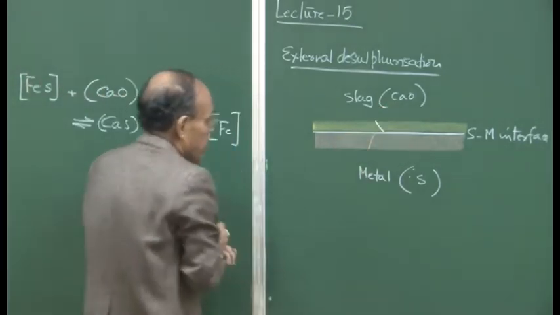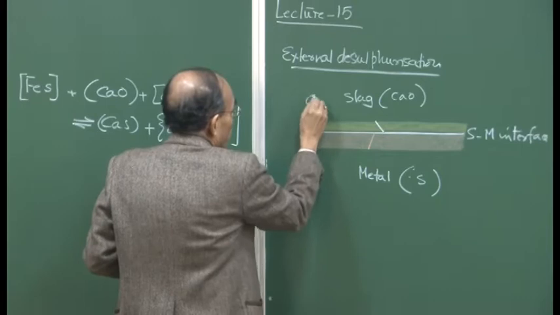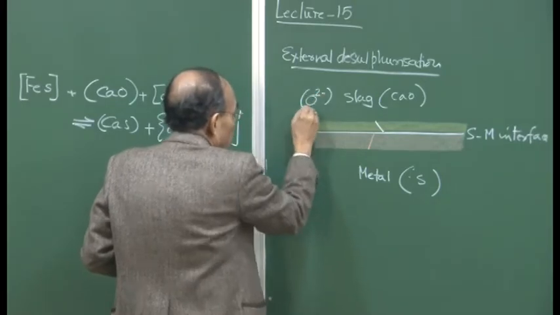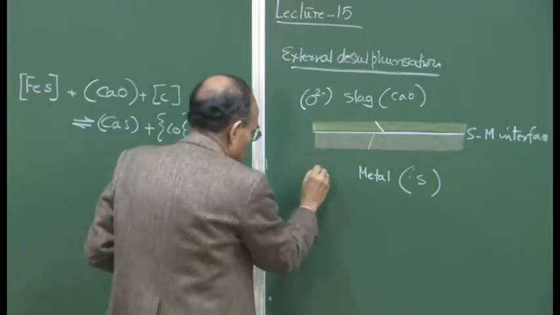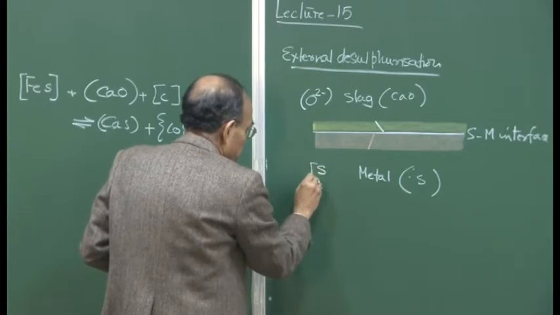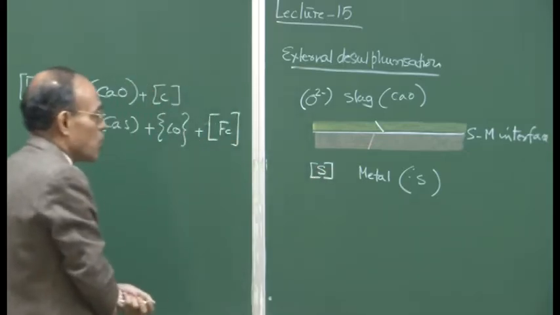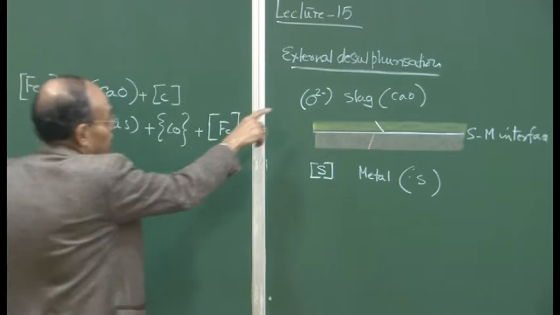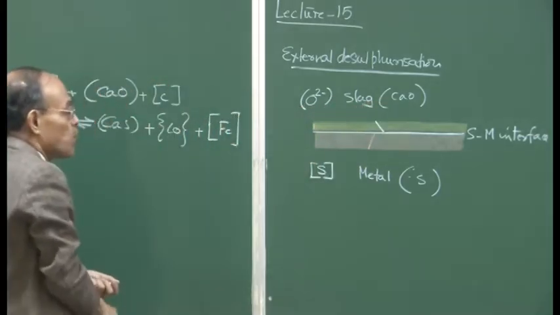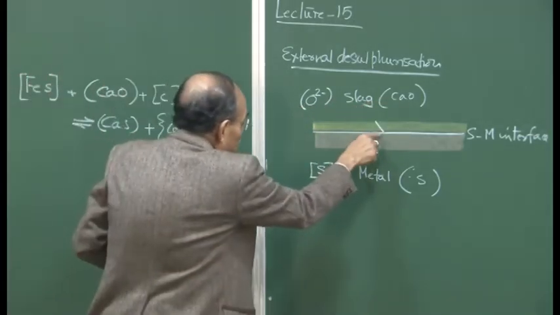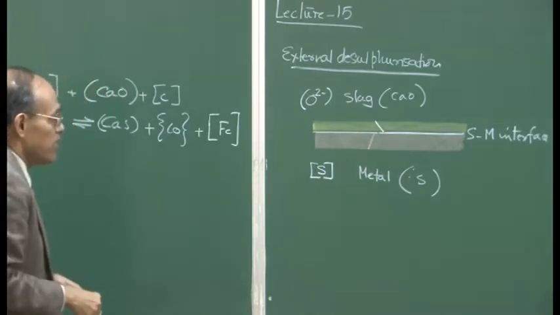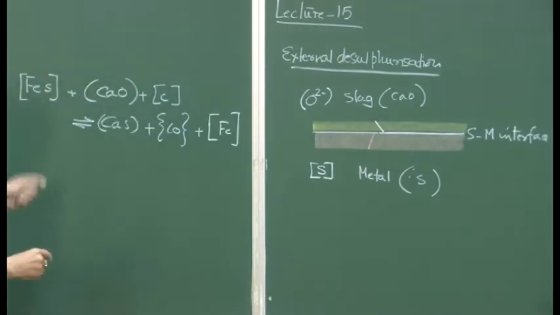We can say the transport from an ionic form, transport of sulfur and transport of oxygen ion, that is equivalent to calcium oxide transport. They come together, and then they reach the interface, and then this particular reaction proceeds.